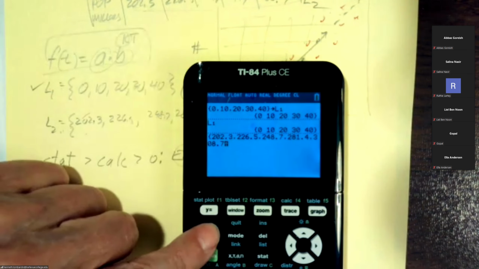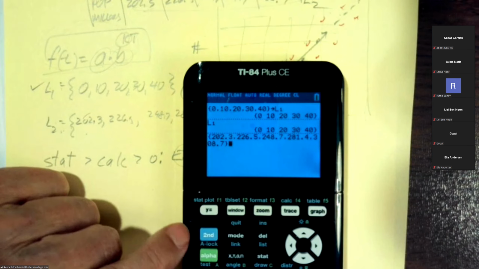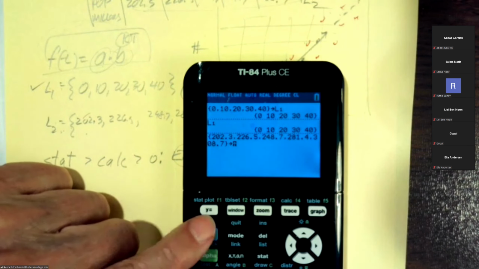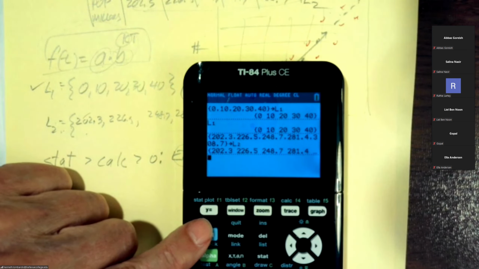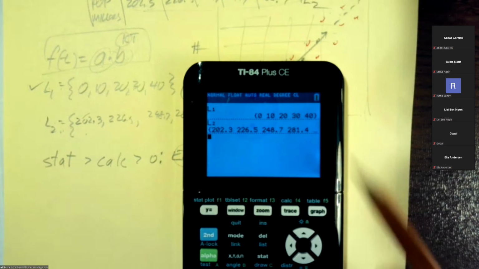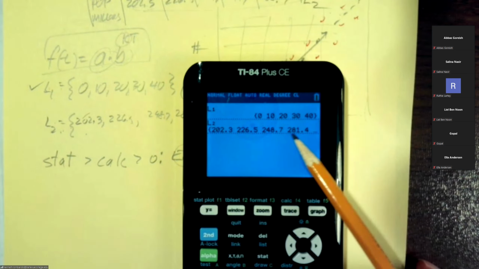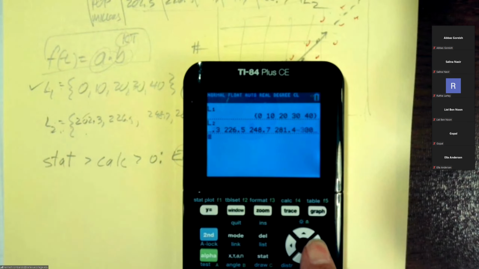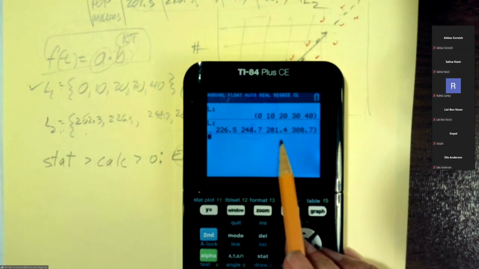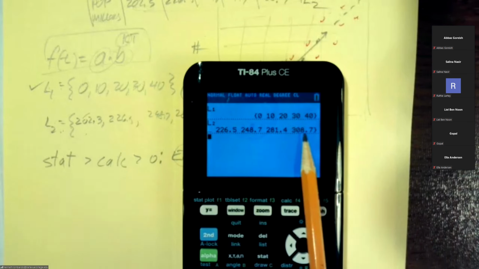I'll finish that off with a right brace and store that into L2. Let's take a look then. There's L1, and let's make sure we've got L2. We've got the same number here: 1, 2, 3, 4, 5. We can space over here: 281.4, 308.7, and that ends it. We had 5 values for each.